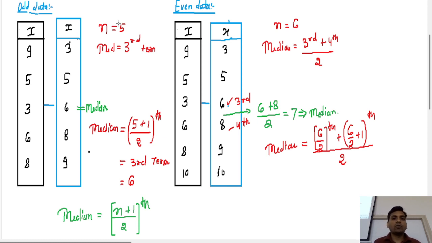Clear hai? Koi doubt, confusion? So we will take now its average. Done? Okay.